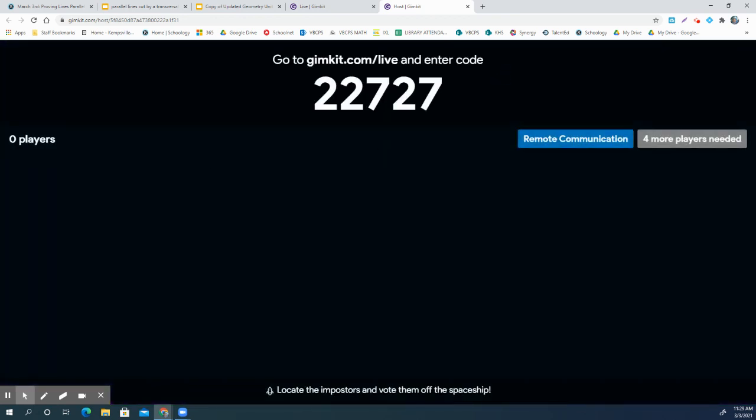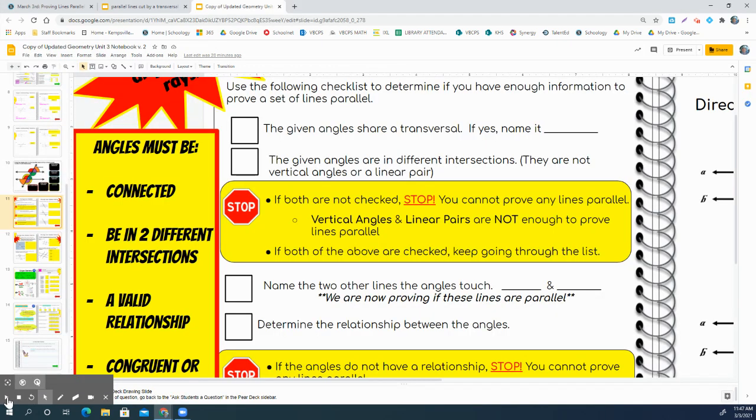So the code is 22727. Everybody join. You can either join on your laptop or on your phone. It doesn't matter to me. And we'll turn this back on. So all of these words over here on the left side, you're not going to use every single time. We're going to use it as like a checklist. Okay.